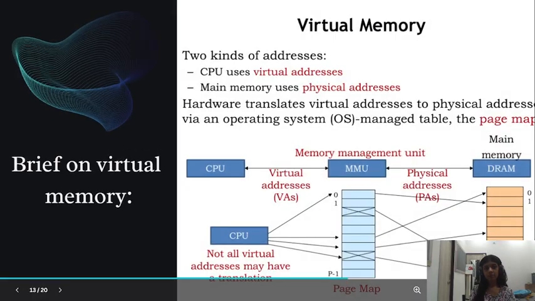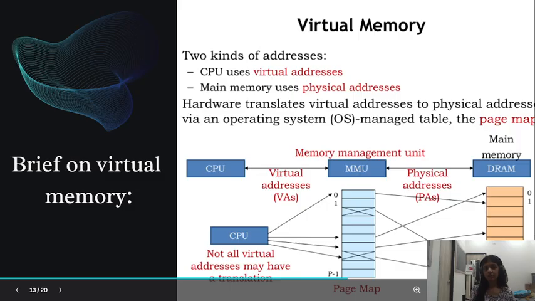So here, this is a brief on virtual memory. Since virtual memory is a big part of page fault handling mechanism, there are two kinds of addresses as we discussed earlier. This is like a summary of the virtual memory. CPU uses virtual addresses, main memory uses physical addresses.